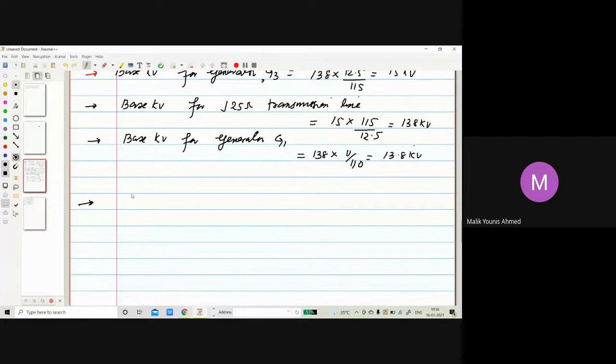Next, we'll write: we now convert all the parameter values to per unit on the common base specified.